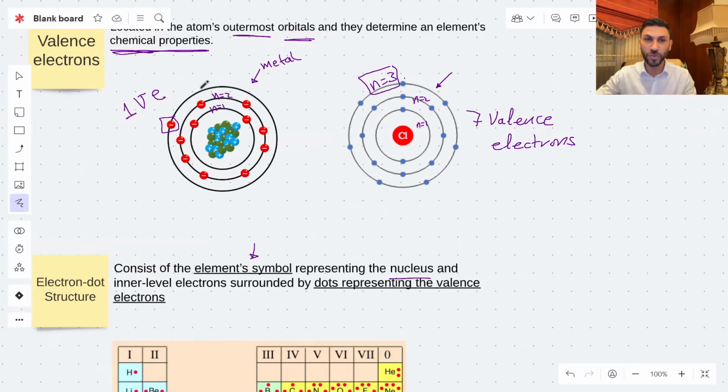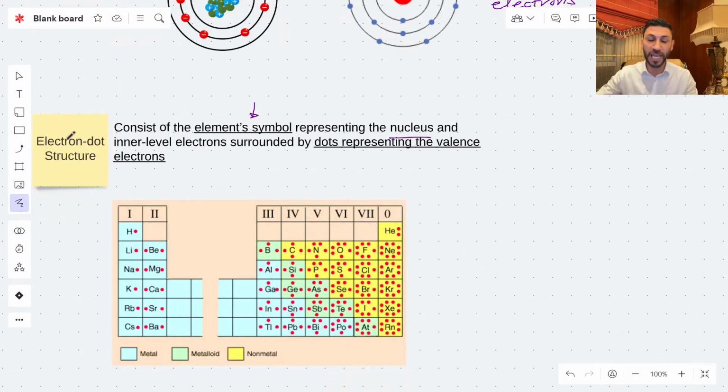And n equals 3 is the outermost shell where the valence electrons are. So the electron dot structure consists of the element symbol, which represents the nucleus plus the inner level electrons, surrounded by dots. And those dots represent the valence electrons.